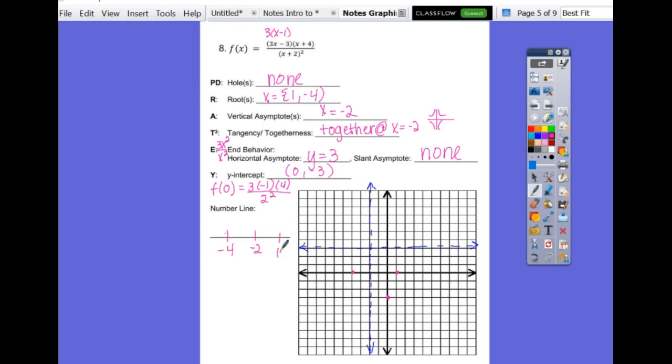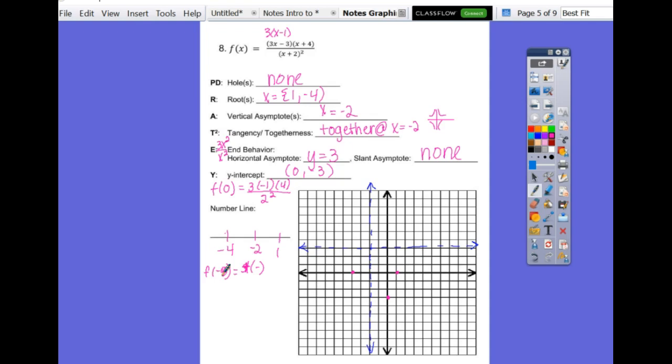So I want to check -4. If I put -4 in, I would have a positive times a negative. Well, the 3 is positive, so that's why it's positive. And then -4 minus 1 gives me negative. And then, oh wait, we need to test 5.